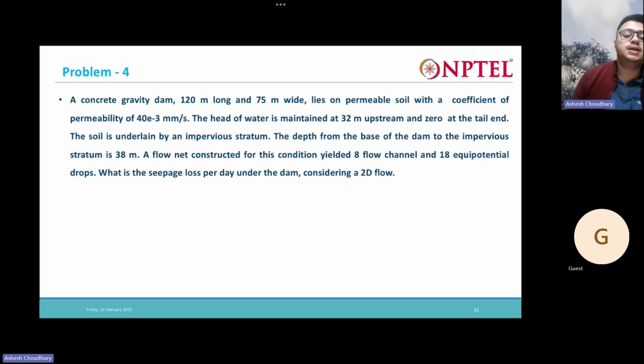The soil is underlain by an impervious strata. The depth from the base of the dam to the impervious strata is 38 meters. A flow net constructed for this condition yielded 8 flow channel and 18 equipotential drops. What is the seepage loss per day under the dam considering a 2D flow?